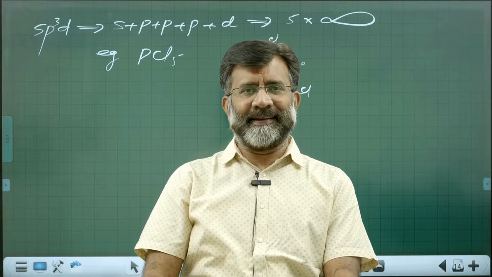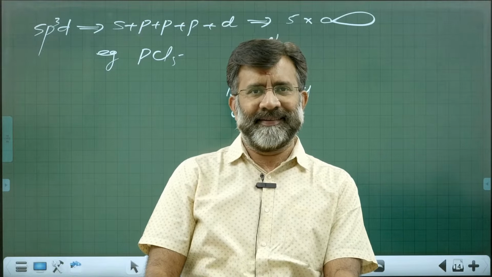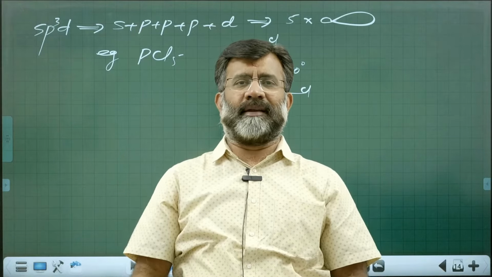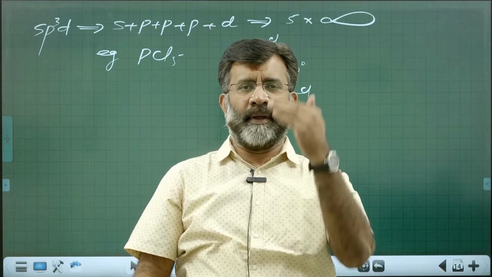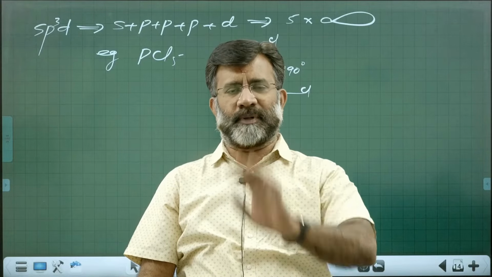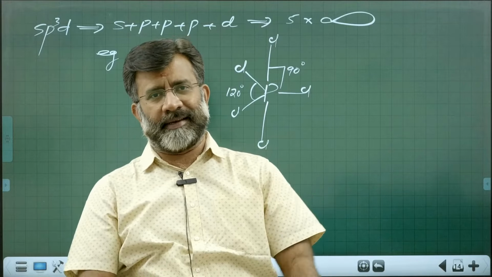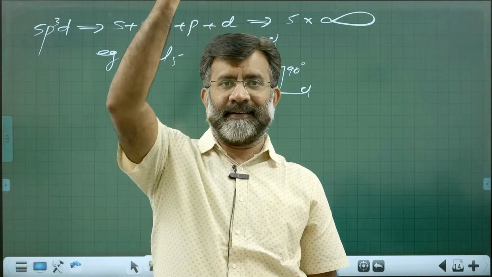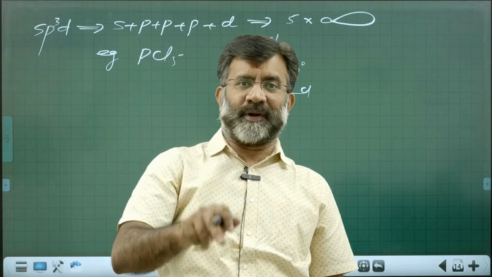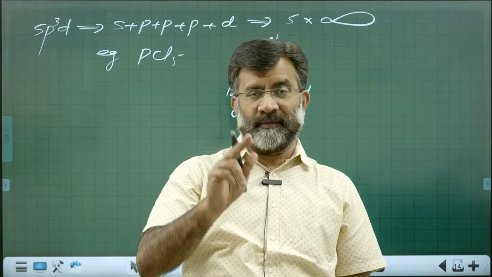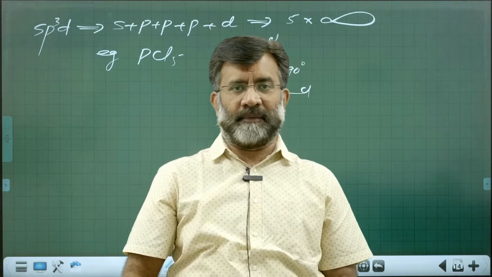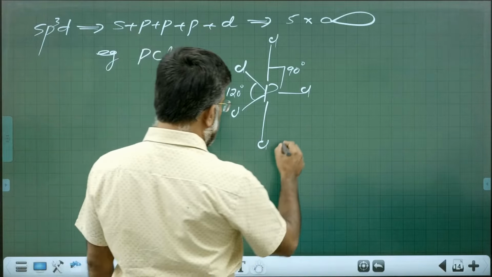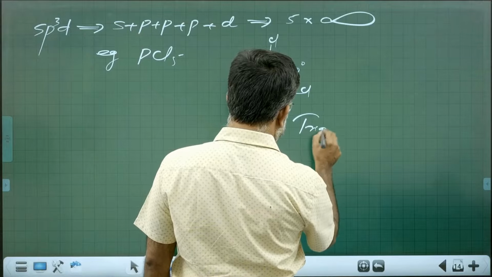Each planar bond will make a 90 degree angle with the top axial bond, three on top and three at the bottom. 3 plus 3, 6. So six 90 degree angles, three 120 degree angles, and the axial bonds will make one 180 degree angle. Example, PCl5. Trigonal bipyramidal geometry.